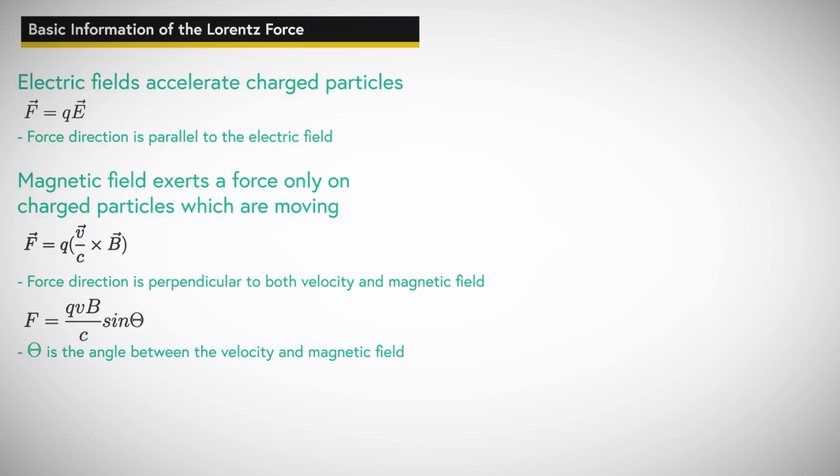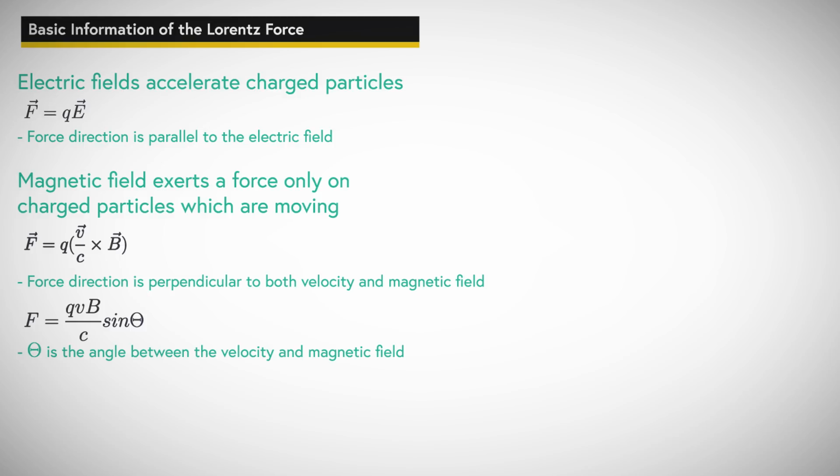It reaches its maximum, QvB over c, where velocity and magnetic field are perpendicular to each other, while no force acts if velocity is parallel to the magnetic field. Therefore, if the relative direction between the velocity and the magnetic field has a certain distribution, it is necessary to calculate the average strength of the force. However, if we only need an approximate value of the strength of the force, we could just use the maximum value.